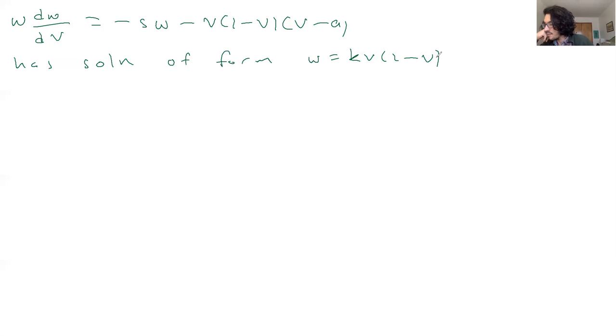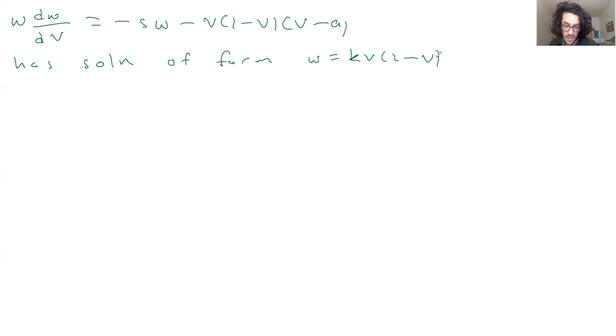So how do we know that? Well, you can use a separation of variables argument to get this, or a change of variables argument. Okay, but let's just show that this works.